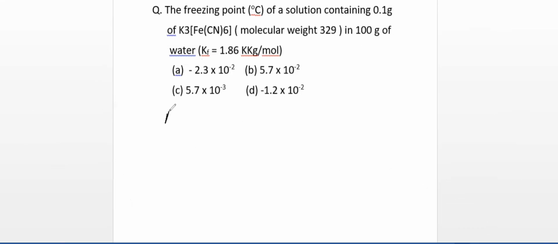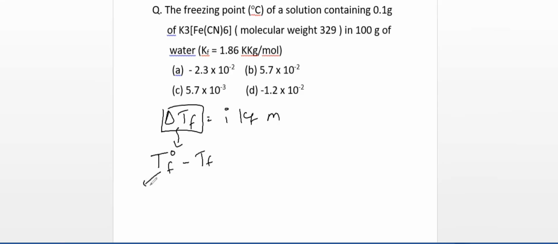Now we will use the formula delta Tf is equal to i into Kf into m, where delta Tf is nothing but the depression in freezing point, that is formulated as T0f minus Tf, where T0f is the freezing point of solvent, that is 0 degrees Celsius since your solvent is water, and Tf is the freezing point of solution, which we need to find out.